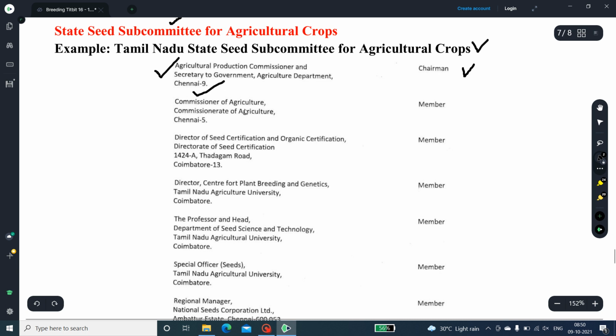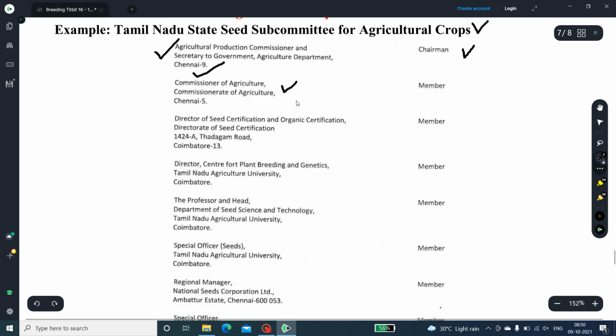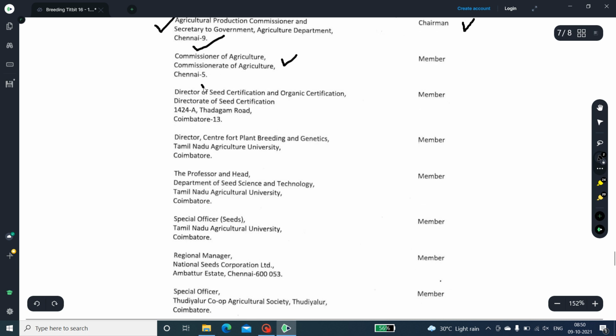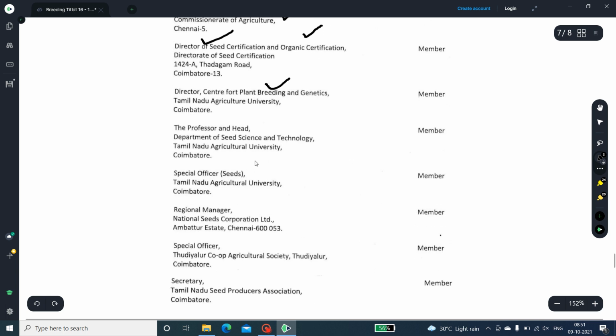And the members are the Commissioner of Agriculture, the Director of Seed Certification and Organic Certification, the Director, Centre for Plant Breeding and Genetics of Tamil Nadu Agricultural University, the Professor and Head, Department of Seed Science and Technology of Tamil Nadu Agricultural University, and the Special Officer Seeds, now renamed Director of Seeds, Tamil Nadu Agricultural University, Coimbatore, is also a member.